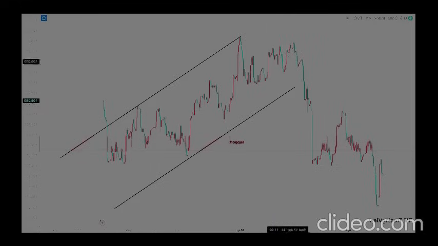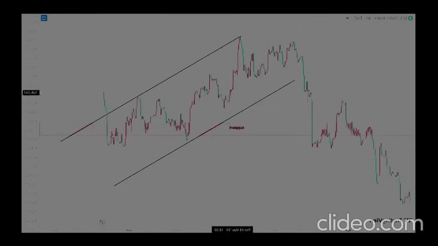So the market moves inside the channel, and the channel has been broken. That means this channel was bearish, I mean moving down, but after breaking it, it means it goes against it.